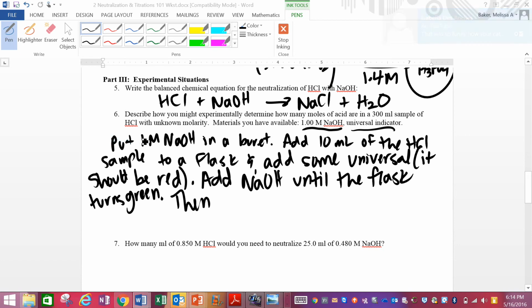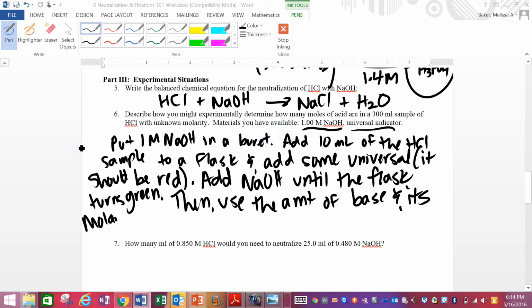Then use the amount of base and its molarity to calculate the number of moles of base you added.